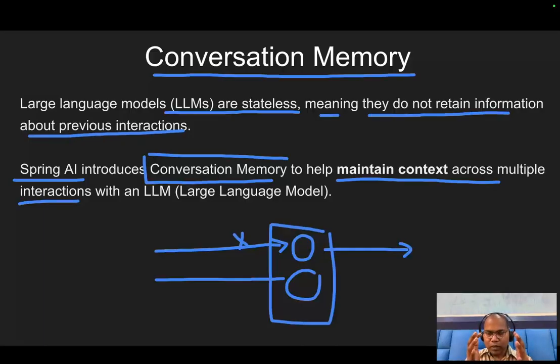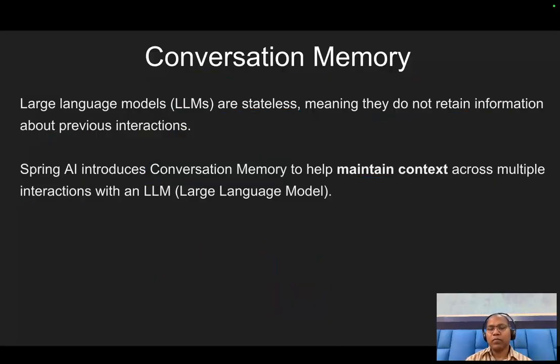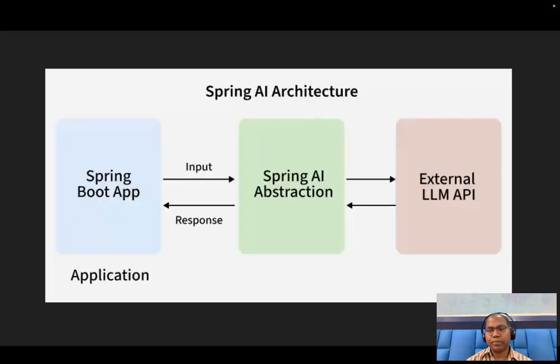Our Spring framework offers the capability to tell the LLM, hey, you should maintain some context. You retain my context so that you can respond very carefully and in an intended way to our prompt.